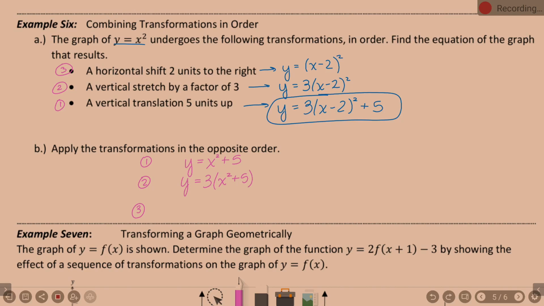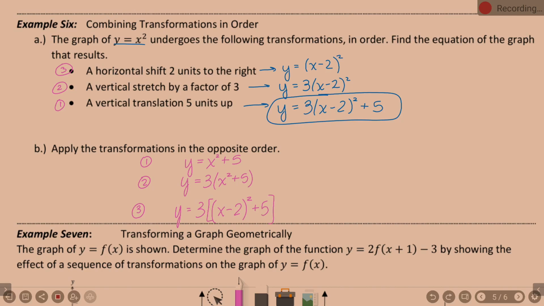So then you're going to do 3, parenthesis, and then you're going to do another parenthesis, and then x minus. Wait, we're going 2 to the right. Minus 2, and then parenthesis, and then square that, and then add the 5, and then finish your bracket.